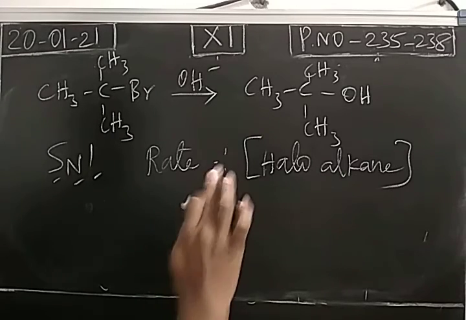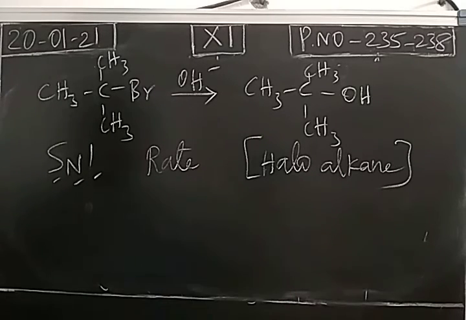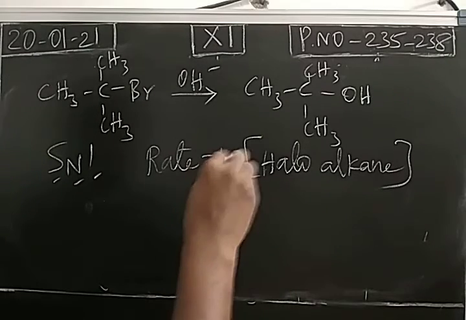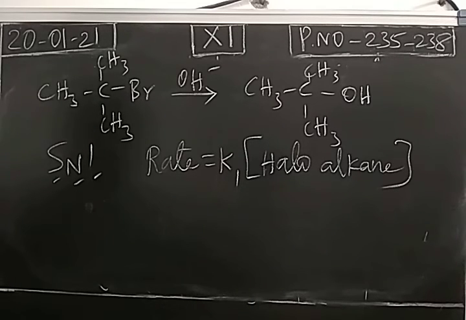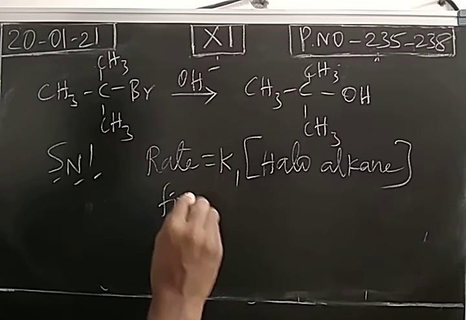So the rate is directly proportional to the concentration of haloalkane. Proportionality can be removed by introducing the rate constant K1. So K1 represents that this follows first order kinetics.